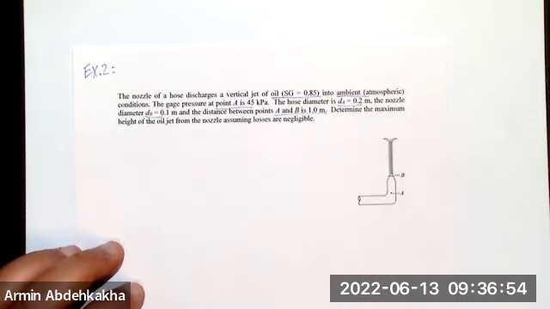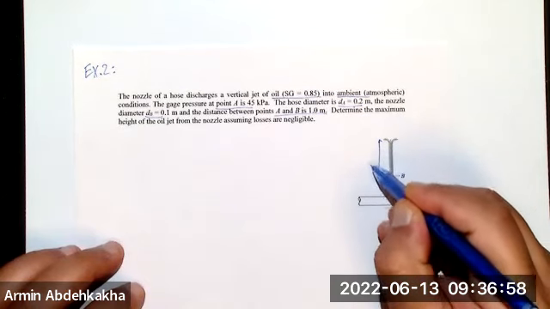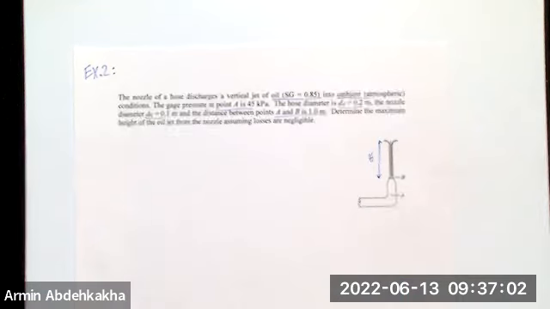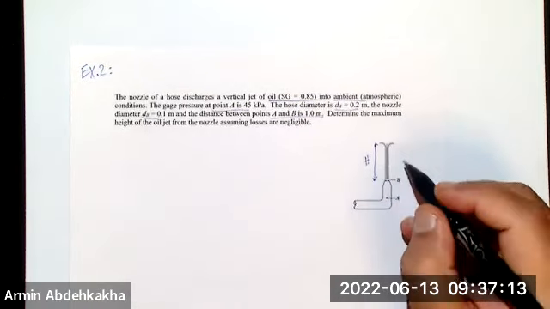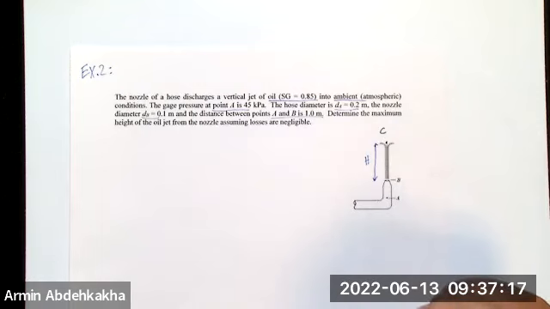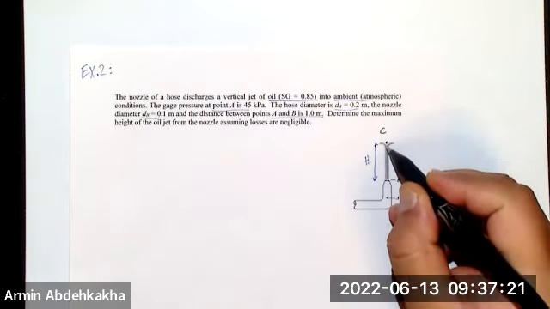What it asks you is how much the height is, the height that the jet comes up to reach the dead point or the maximum point. I'll write the point C here. This is the point that absolutely should be considered because we are going to find the Z of that.